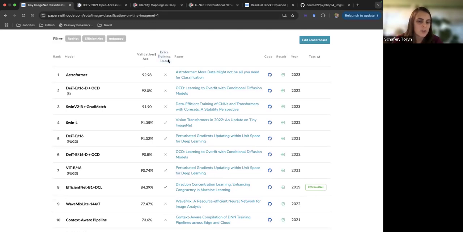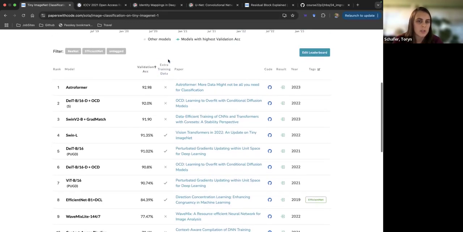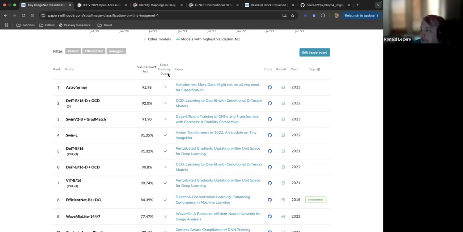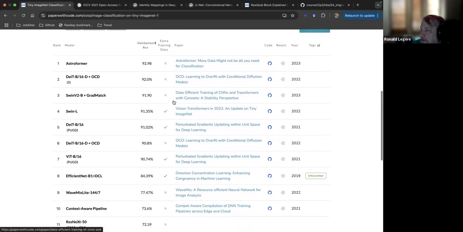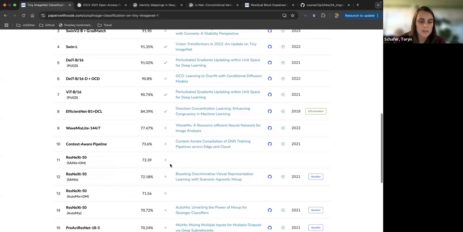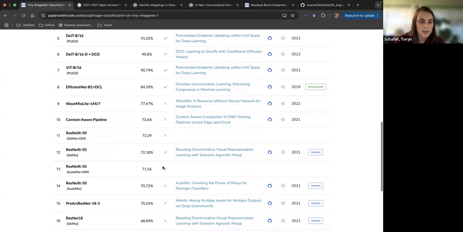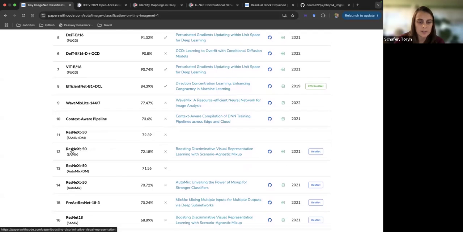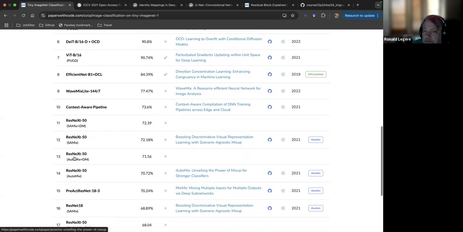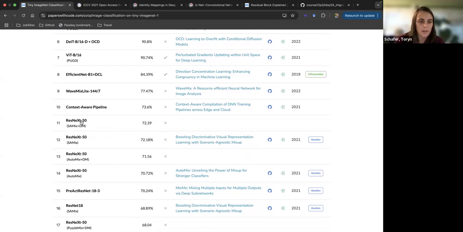Right, so we're not using extra training data, which sometimes can just mean using a pre-trained model, I think, right? Because a pre-trained model would be using different data. So he was looking around at these different ones that had an X here. I think it's the one above it that doesn't have a paper anymore. There's 72%. Oh, okay. Yeah, it doesn't have the paper.